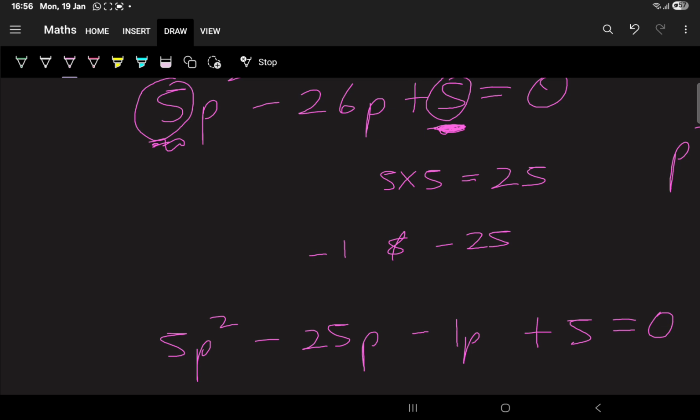Now this negative 25p minus 1p is still negative 26. So this and this you can see are still equivalent, but we've done it in such a way that it's easily factorizable, and you can do this for equations of this form that are factorizable by following the method I just explained.